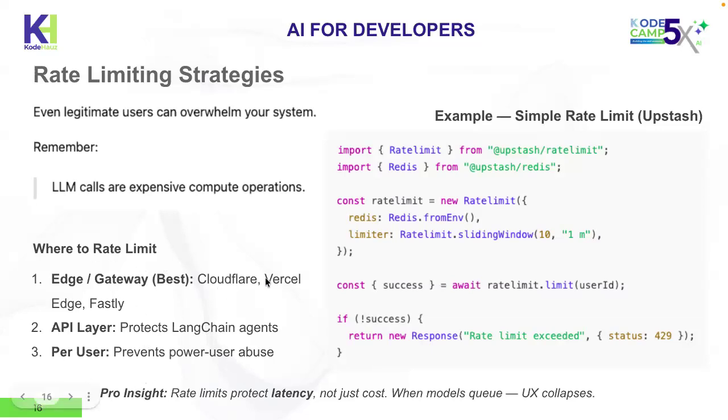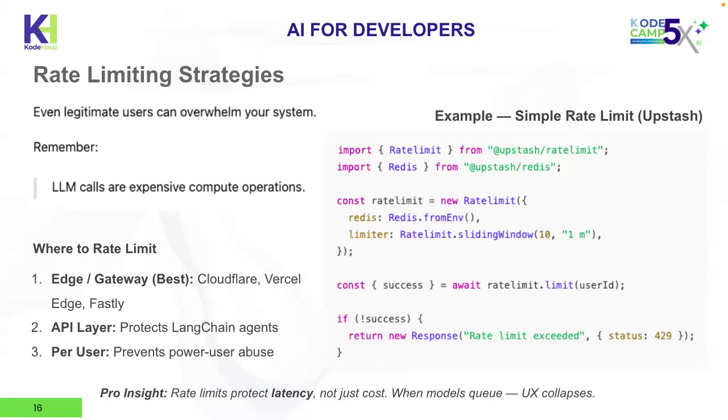And there are multiple places you can do rate limiting. You can do rate limiting at the edge, with Cloudflare, Vercel Edge, Fastly, right? These are cache servers, or CDNs, a content delivery network. Basically, these are networks close to your users that cache the content and deliver it to them.